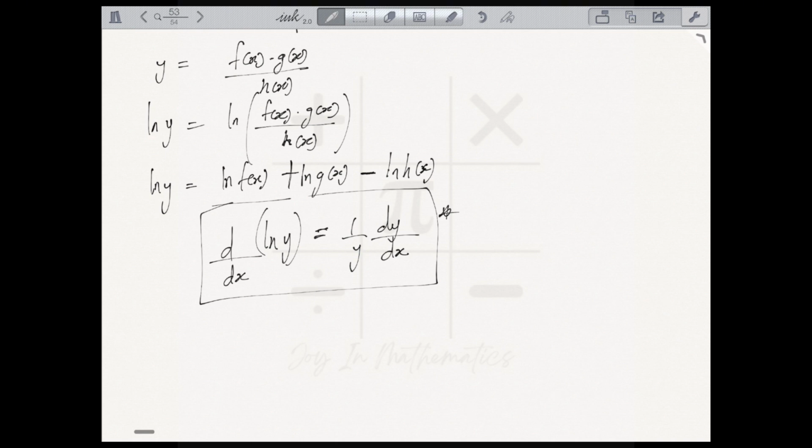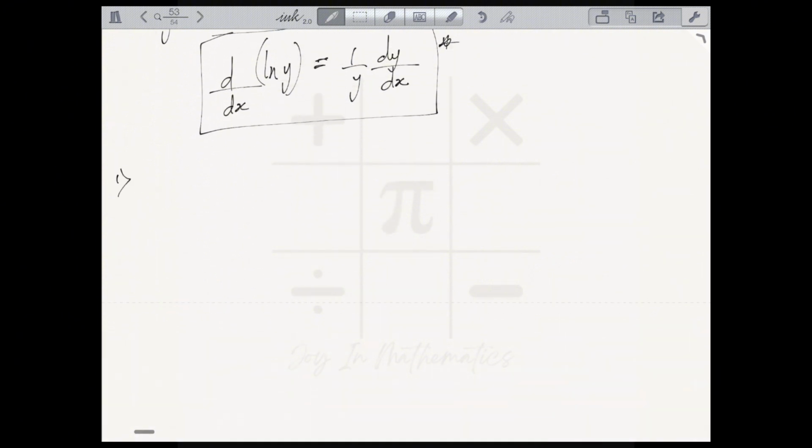Now, let's take an example. Given y is equal to (x plus 1)(x minus 2) raised to power 3 divided by (x minus 3), and we are asked to use logarithm differentiation to differentiate this function.